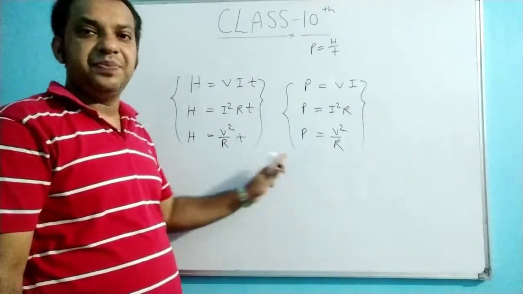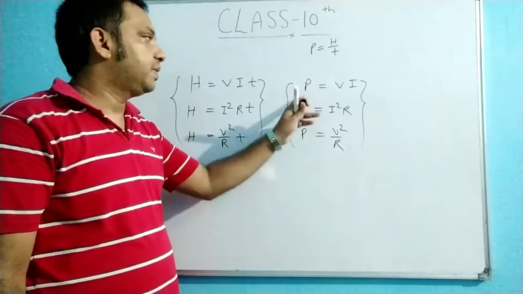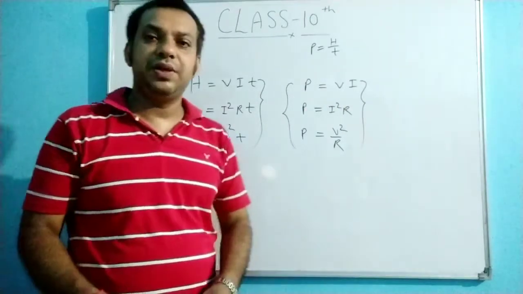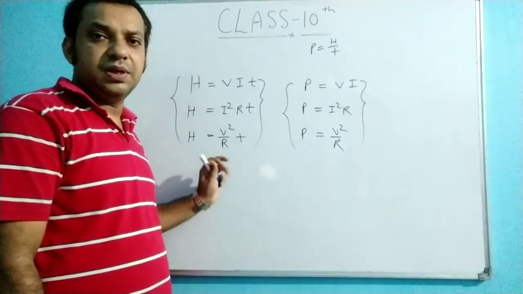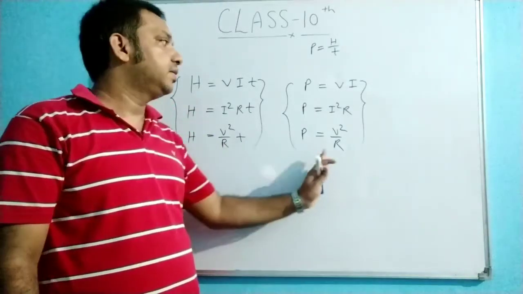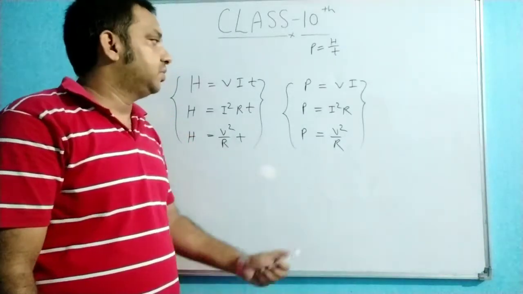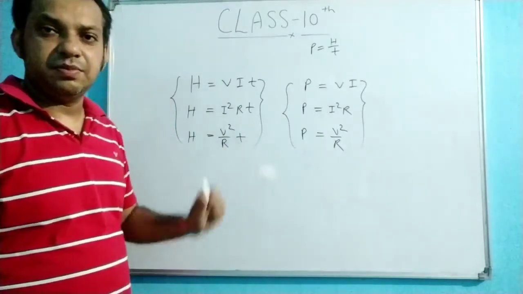You only divide by t, H by t, and you will get the power. So these are the three forms of the formula for the heat generated, and these are the formulas for the power developed across the resistor. So let us discuss some numericals based upon these formulas.